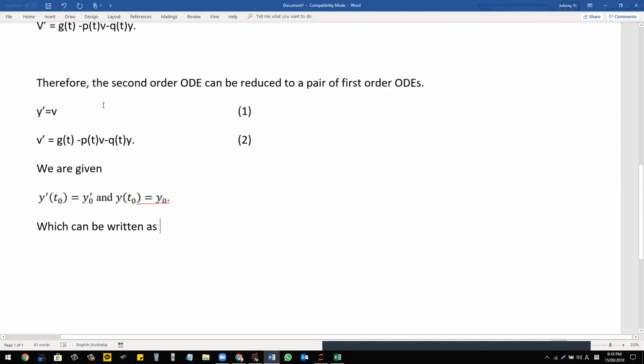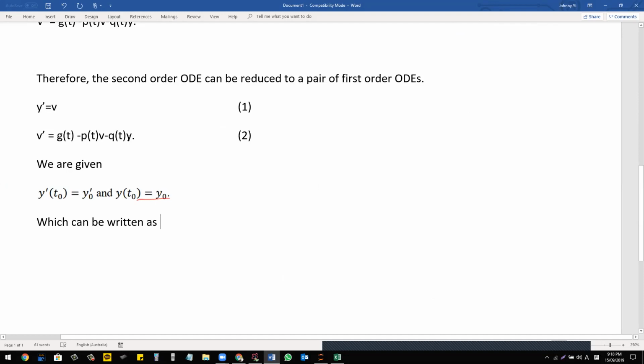Let me think about this. So this is y dash, v, this one here. It's kind of hard to, so the procedure is the same.